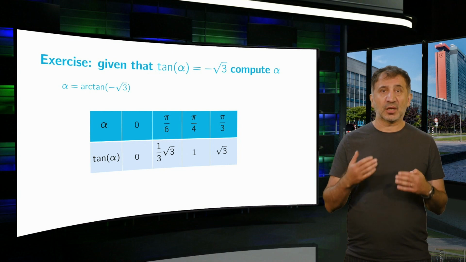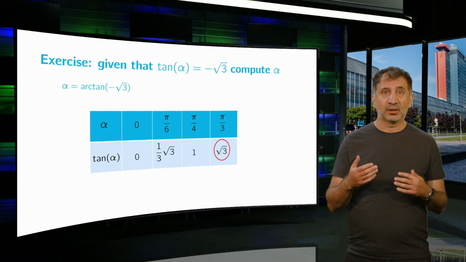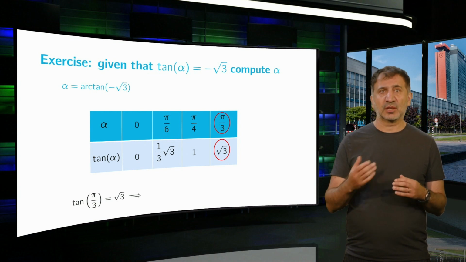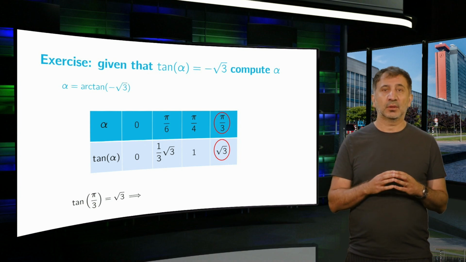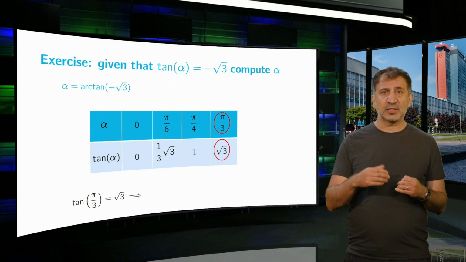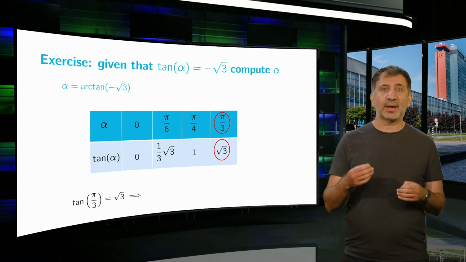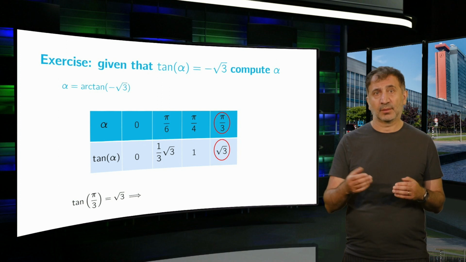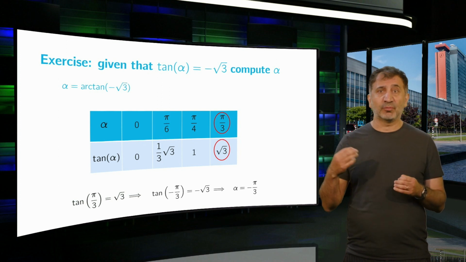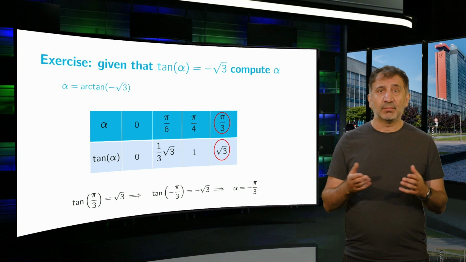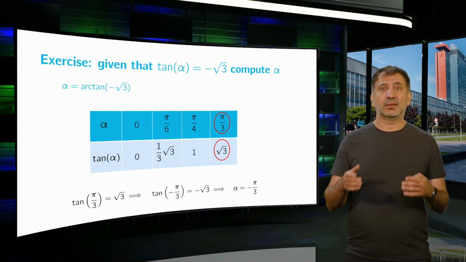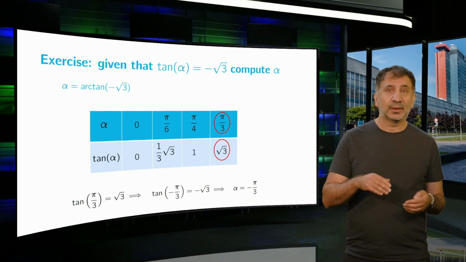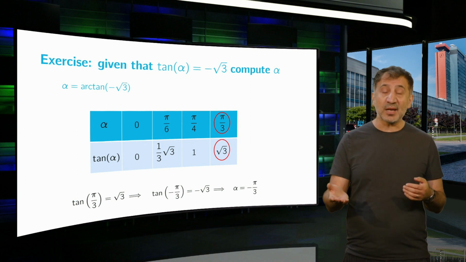However, using it the other way around, we find the angle for which the tangent is equal to +√3 is π/3. Using the property that the tangent of minus x is equal to minus the tangent of x for all numbers x in the domain of tangent, we see that the tangent of minus π over 3 equals minus square root of 3. And minus π over 3 is in the open interval from minus π over 2 till π over 2. So this is the answer.